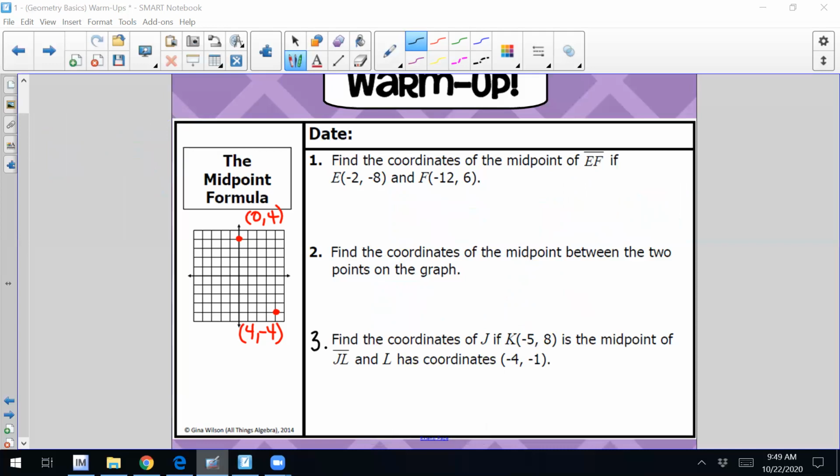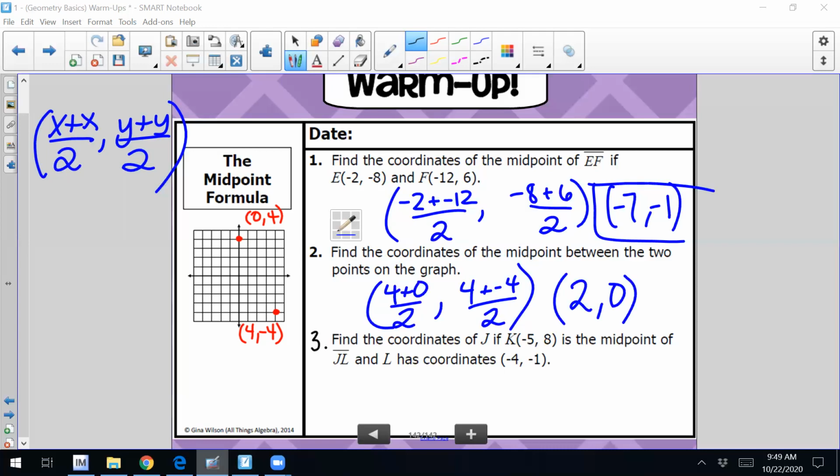Find the coordinates of J if K is the midpoint of JL, and find L's coordinates. Okay, so this is one you have to work backwards on, right? So we're missing an endpoint, X, plus the other endpoint, which is negative 4, divided by 2, and it's going to equal the X of the midpoint, which is negative 5.